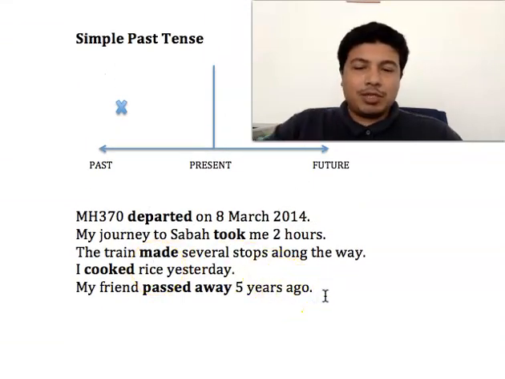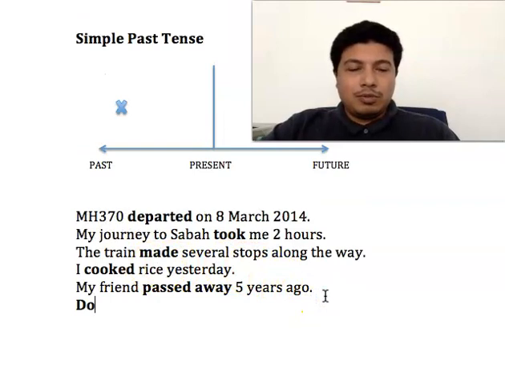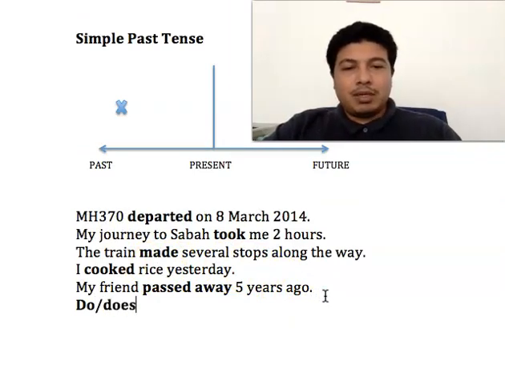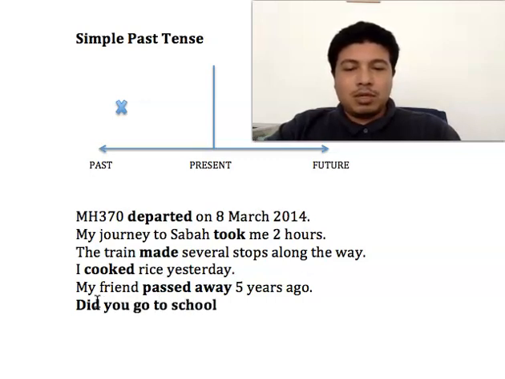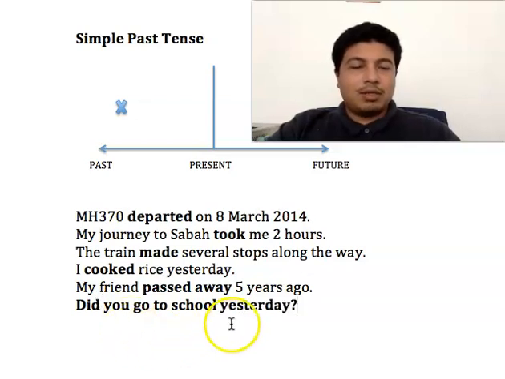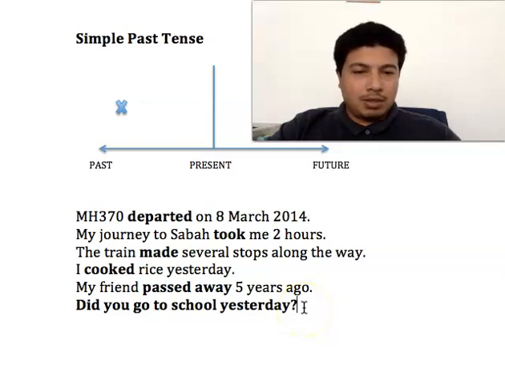When you ask a question, you don't use do or does, but you use the word did, because we are talking about simple past tense. So did you go to school yesterday? The answer would be yes, I did, or no, I did not.